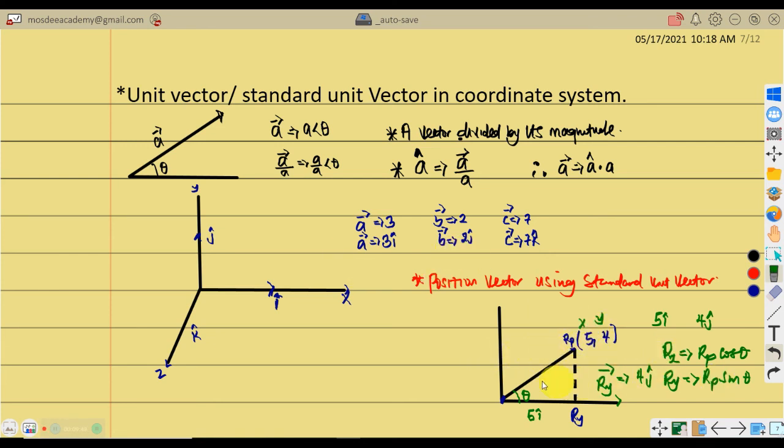Always keep it at the back of your mind that it's quite simple to represent unit vectors in the XY plane. It's very easy to represent position vector using the standard unit vectors. And again, we can always calculate the resultant of the vector.